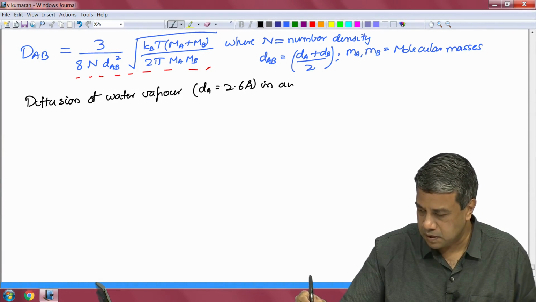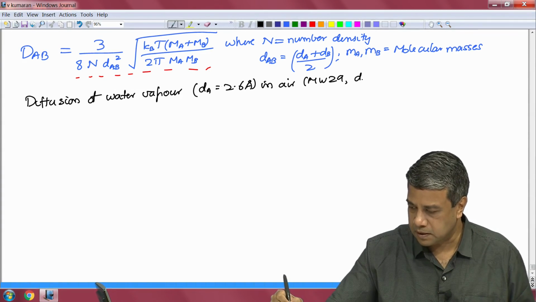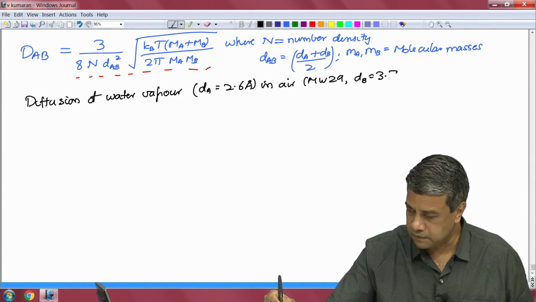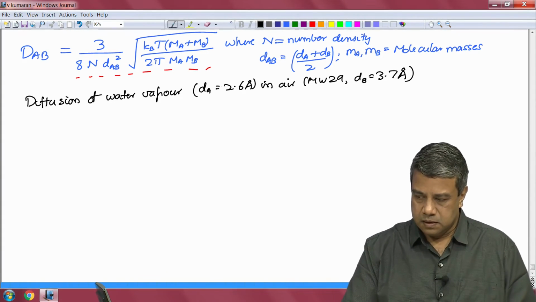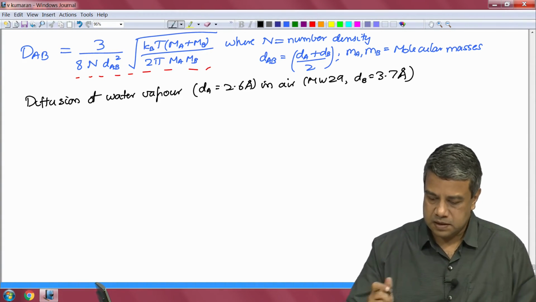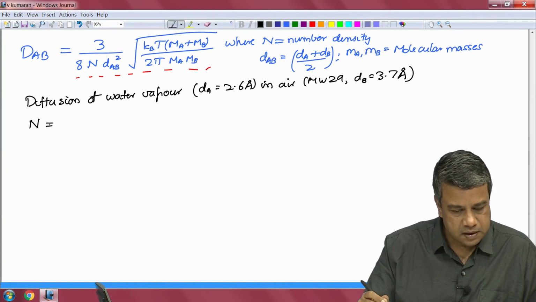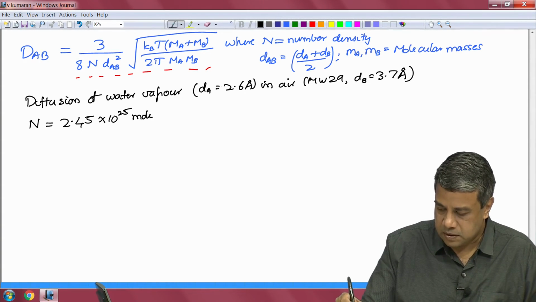In air, molecular weight 29, the diameter is 3.7 angstroms, that of nitrogen. For this particular case, the number density at room temperature and pressure we had just calculated is equal to 2.45 into 10 power 25 molecules per meter cubed.